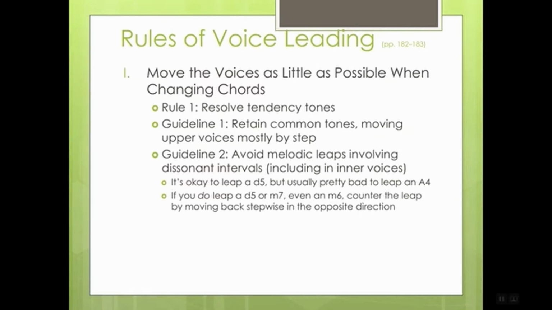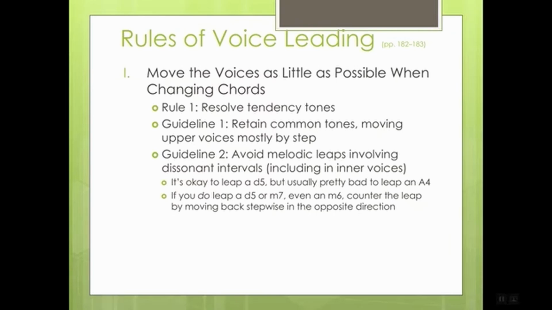If you are going to leap a diminished fifth, from B up to F, or let's even say a minor seventh, or a minor sixth or something like that, you want to counter that leap in the opposite direction by moving stepwise.